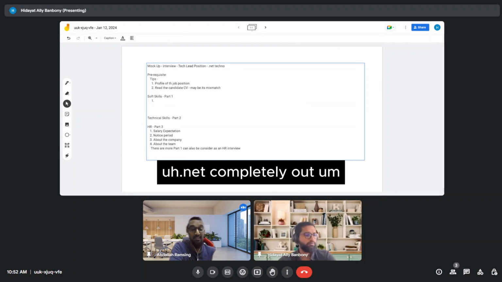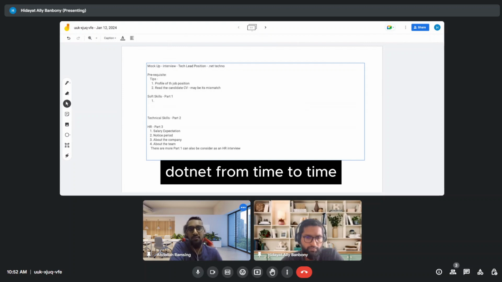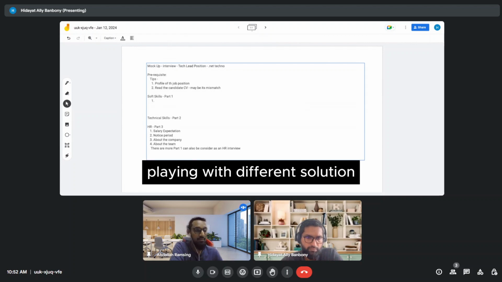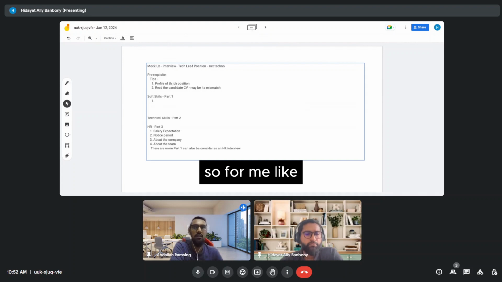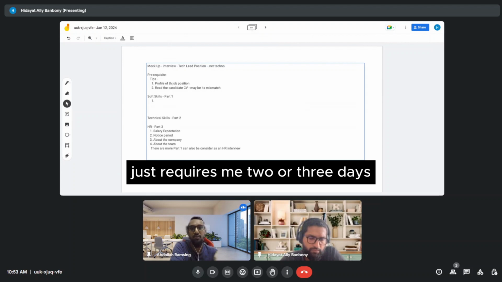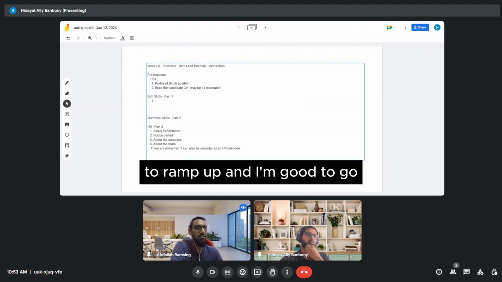During that time, I worked on PHP, Angular, Node.js, Ruby on Rails, but I also checked .NET from time to time and even coded in it because I like playing with different solutions, even if I don't use it professionally. For me, switching from one language to another just requires 2 or 3 days to remember it, to ramp up, and I'm good to go.